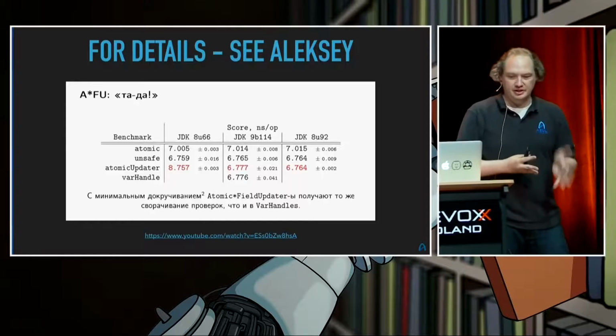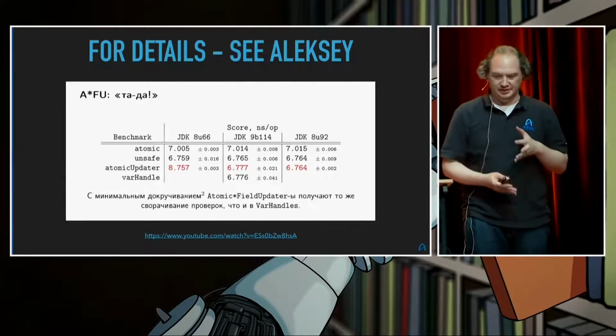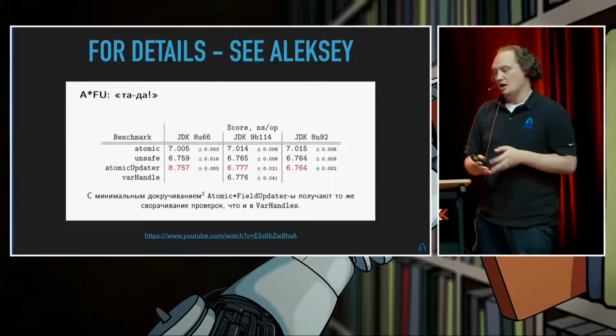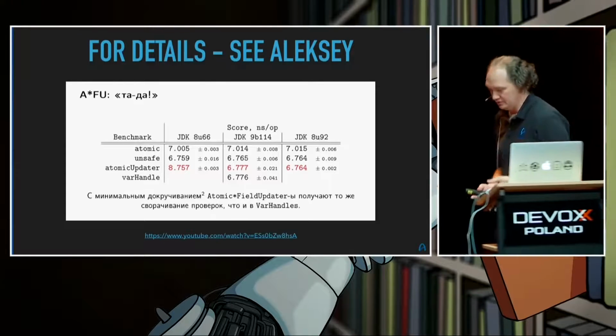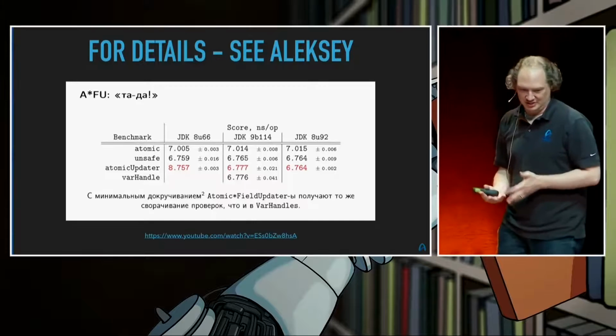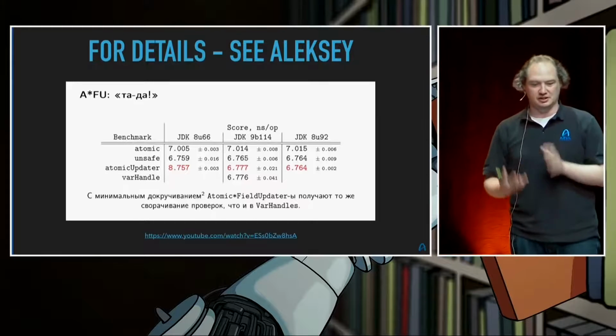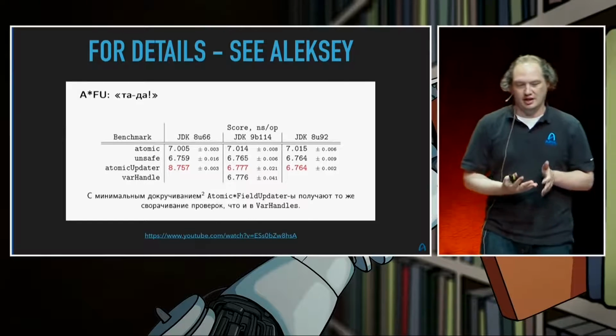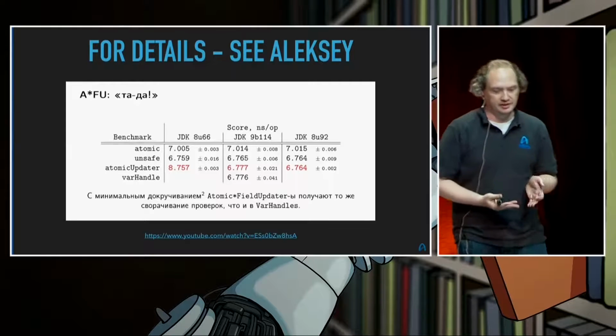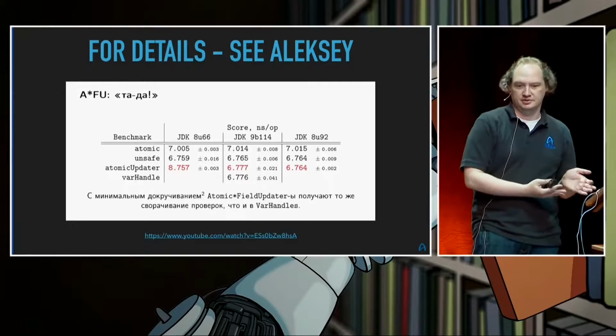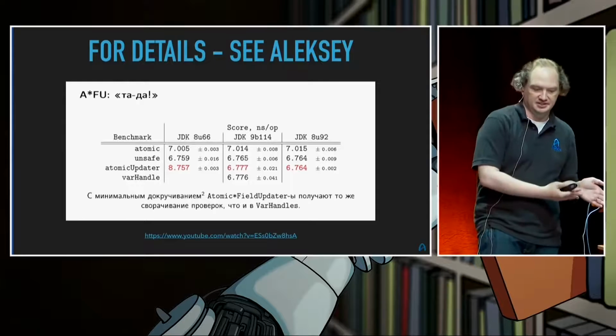I'll admit I tried to benchmark this some myself, and I found it kind of difficult. So I'm just going to go to the source, or who I'll regard as the source, Aleksey, who created JMH and did a lot of the benchmarking of this. And what he found is the oldest way we used to do this was through atomic updater in JDK 6.